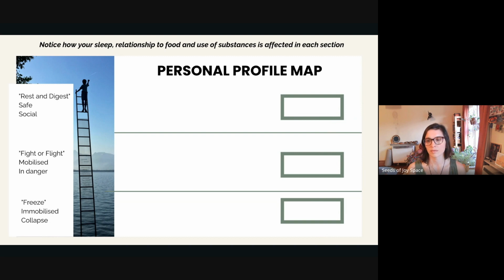And then as you finish with your personal profile map, you can take a look at it and see what's there.